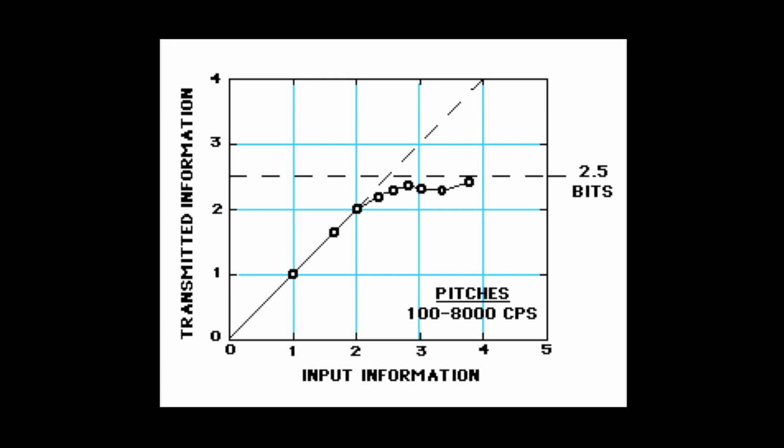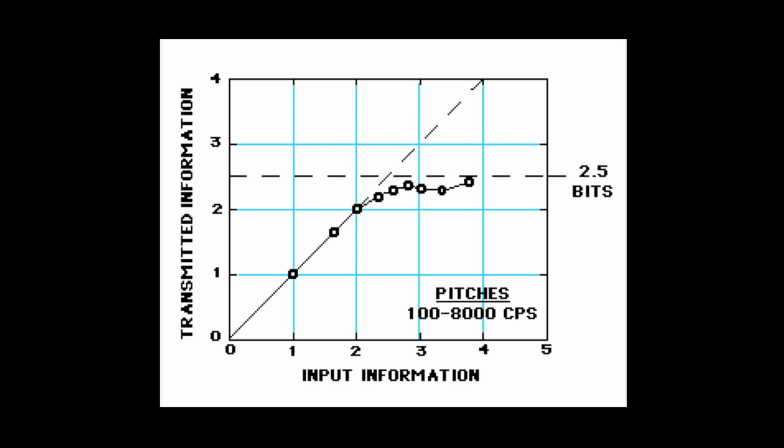As you can see, when the number of different sound pitches is small, 1 or 2, which in this figure is called input information, human subjects' ability to distinguish between the sound pitches, which in this figure is indicated as transmitted information, is accurate.